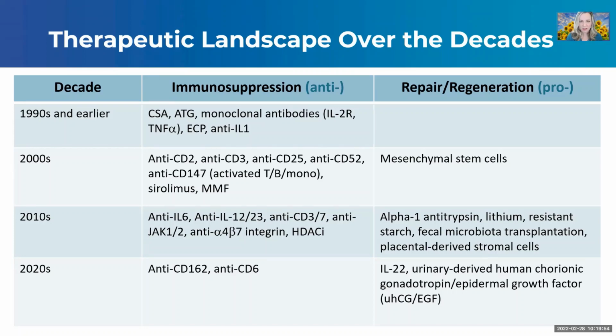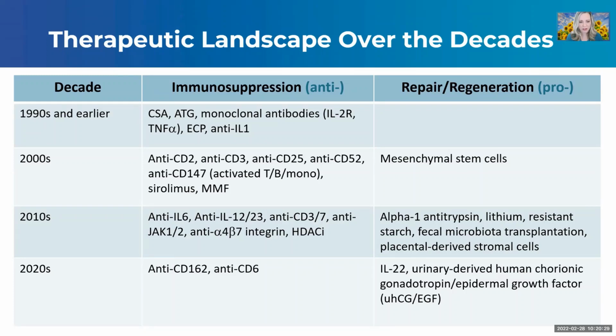In the 2010s, we see additional anti-T cell and anti-cytokine therapies, but then we also begin to see targets for trafficking, and HDAC inhibitors are being tested as well during this decade. We also see expansion of new repair and regeneration modalities: alpha-1 antitrypsin, lithium-resistant starch, fecal microbiota transplantation, and then placental-derived stromal cells, which may be more immunosuppressive or have better repair capabilities than conventional MSCs, were starting to be tested and published.